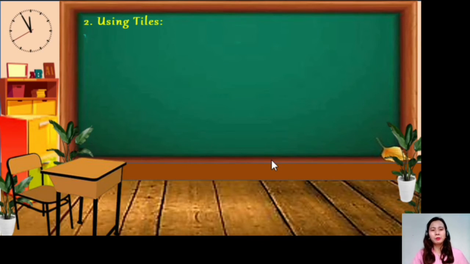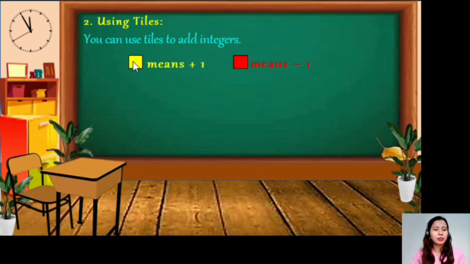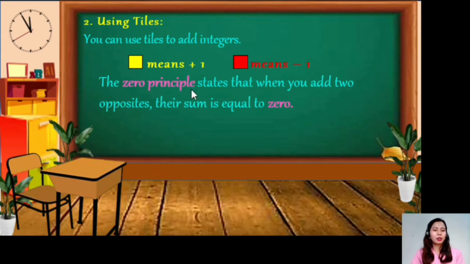Okay, this time, let us use tiles. We can use tiles to add integers. I have here a yellow tile and a red tile, and they represent a positive 1 and a negative 1. The zero principle states that when you add two opposites, their sum is equal to 0.